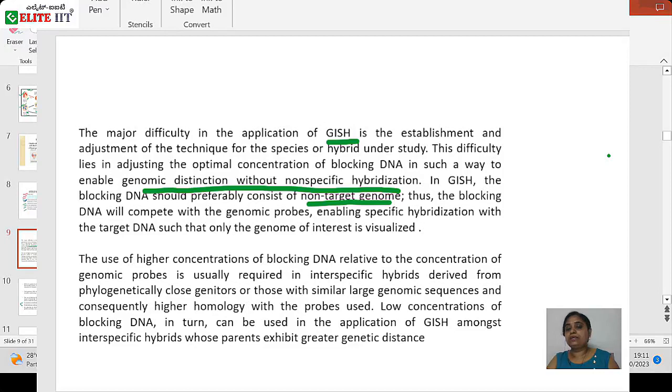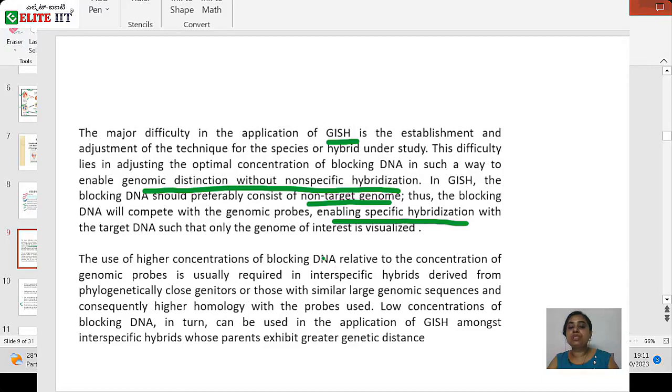Now if the sequence complementary to the probe is there, you will find fluorescent color, enabling specific hybridization. Due to this competition, there will be specific hybridization and no non-specific hybridization. So binding here and there is not happening, self binding is not happening, and non-specific binding is not happening.